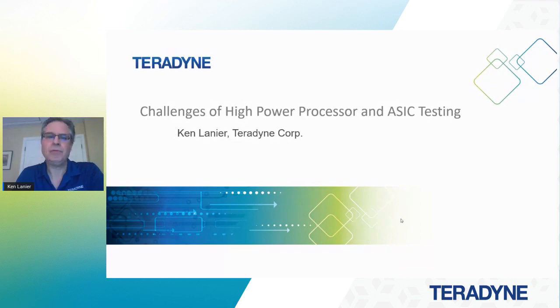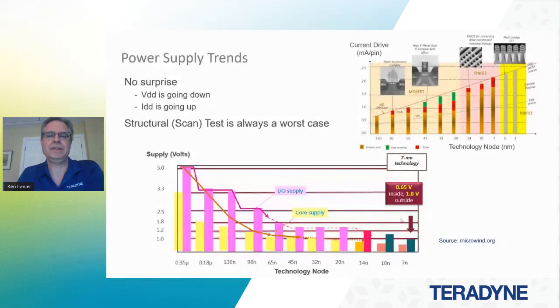Welcome to what will be a short but hopefully useful discussion of testing high-power processors and ASICs. When we talk about high power, we are mostly concerned in this case with testing what happens on the power pins themselves. If we look at large digital devices, I can tell you what you probably already know.